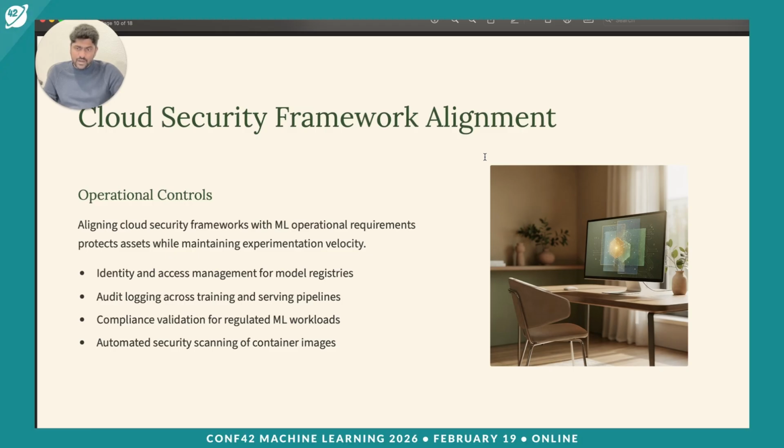And compliance validation for regulated ML workloads. There should be a defined model to meet compliance requirements. And it is also important to automate security scanning of container images.